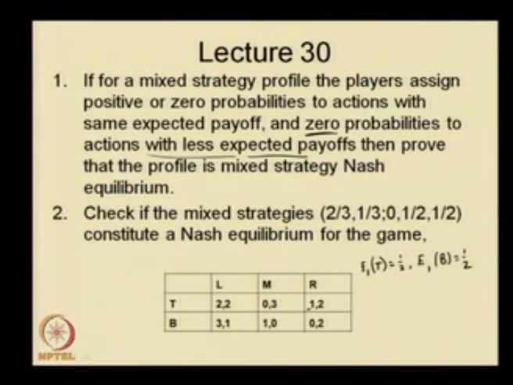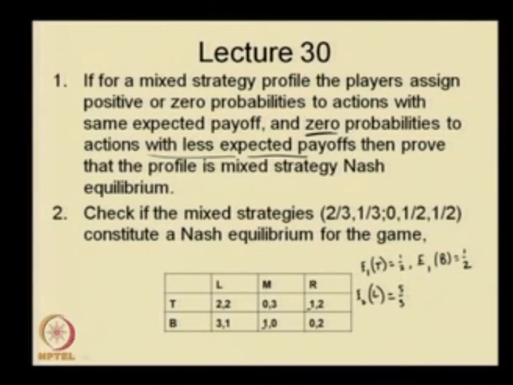This and this we are talking about. And what about player 2? From L it is getting 5/3, right? 4/3 plus 1/3, which is 5/3.